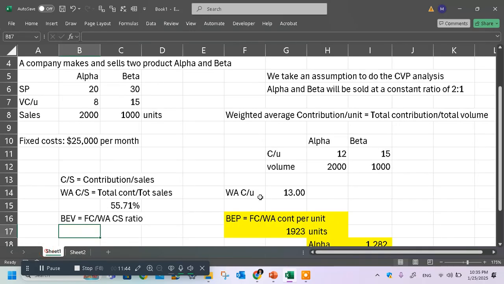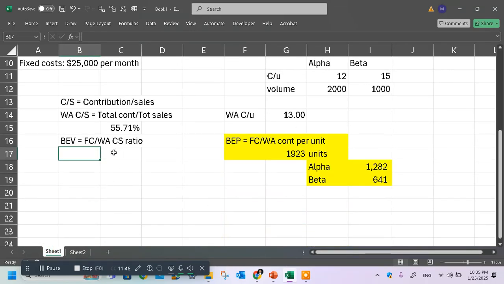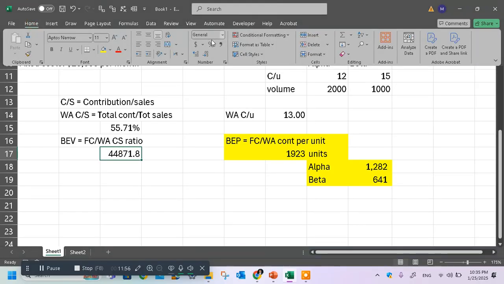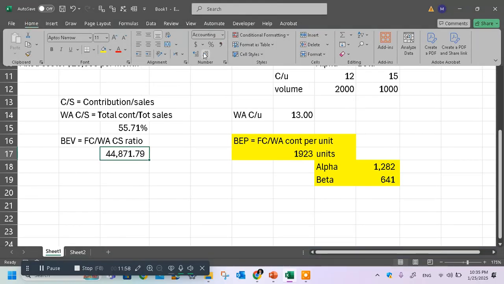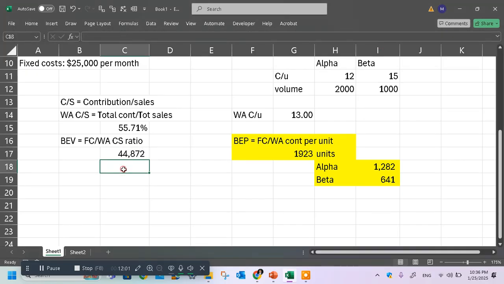Okay, come back here. So break-even value you will get fixed cost $25,000 divided by weighted average CS ratio, this $44,871. This is break-even value. Let's find margin of safety. To find margin of safety, I need budgeted revenue.